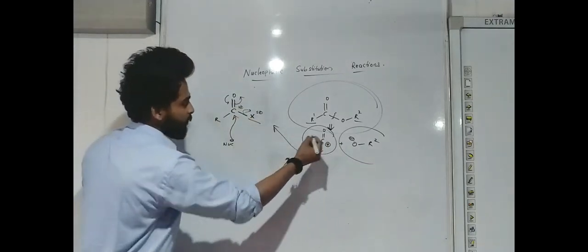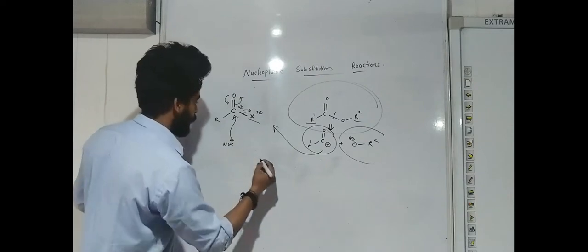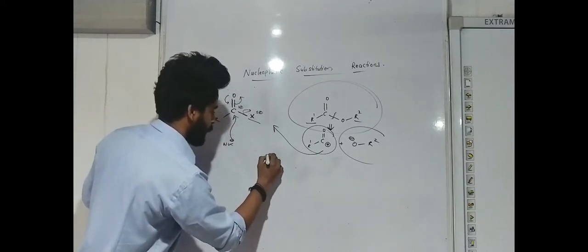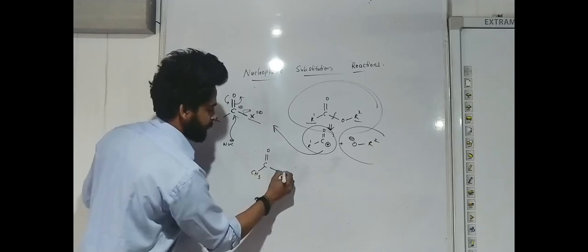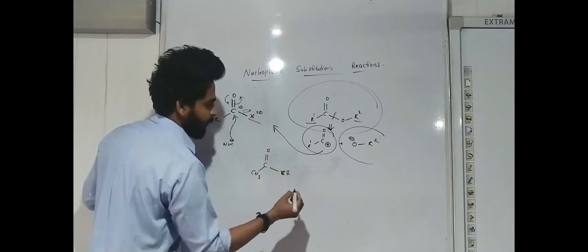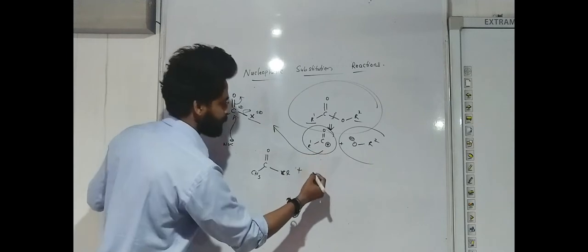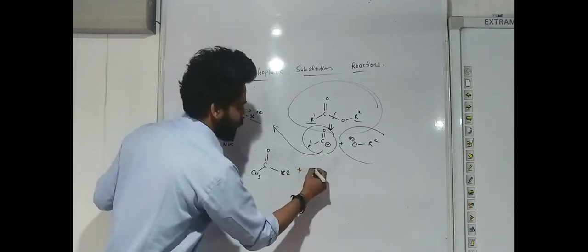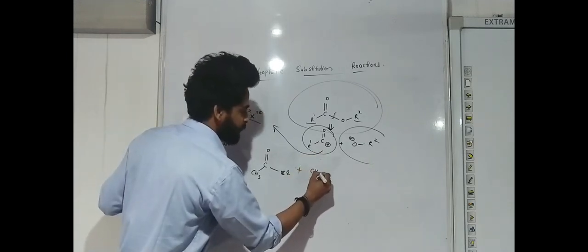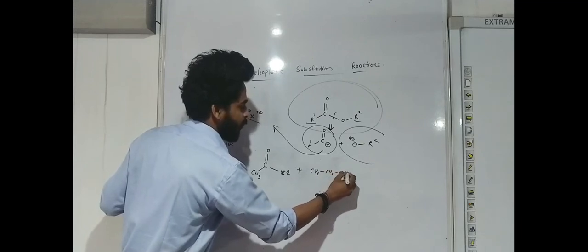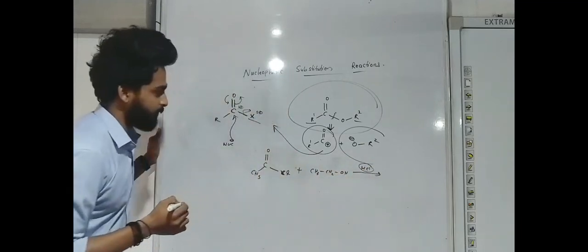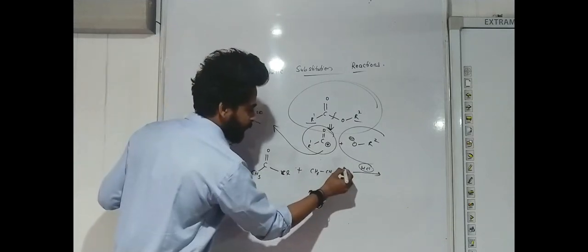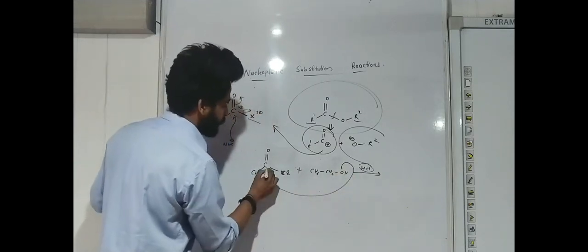For example, with a suitable compound, C double bond O, X, CH3, we can take X as chlorine. So this is acetyl chloride. Now we treat this compound with an alcohol, for example CH3, CH2, OH, in the presence of HCl. The OH lone pair will come and attack this carbon.